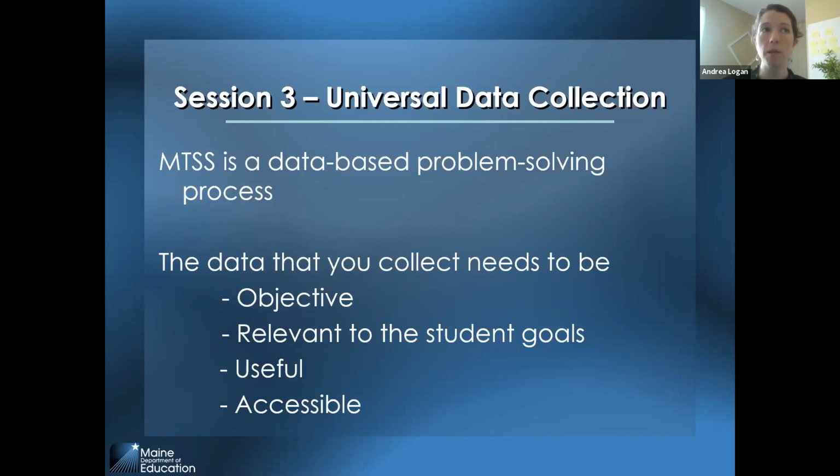Now, I'm not sure how many of you are getting FaceTime with your students during remote learning, but your data collection, again, is another set of eyes and ears on students when there are probably fewer eyes and ears on students now than there ever were, right?